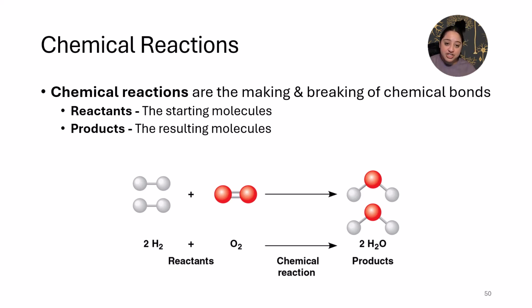You'll take some molecules and they'll interact, break these bonds, and then rearrange themselves into these. What you start with are called the reactants, and what you make are called the products, which makes sense, right?